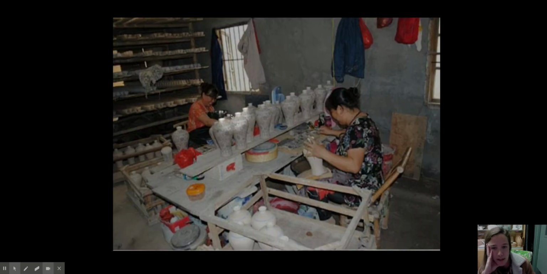Other things I was going to mention about these pictures from Jingdezhen is that in this city in China, everybody is very specialized in one aspect of clay.